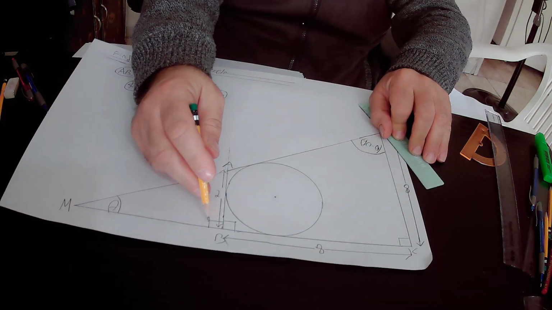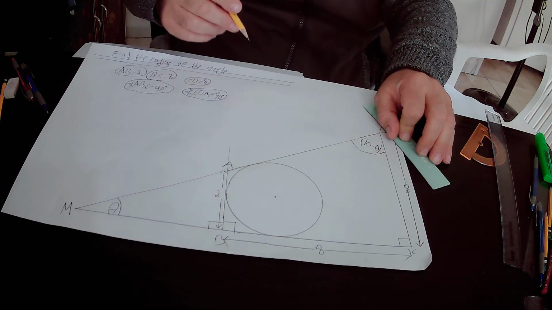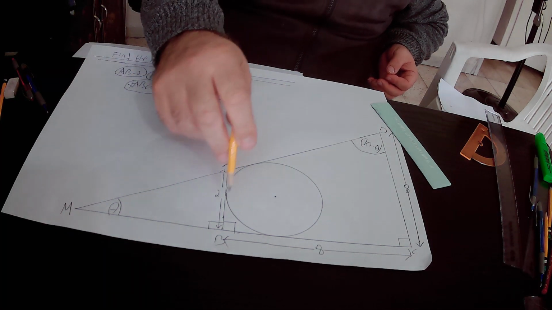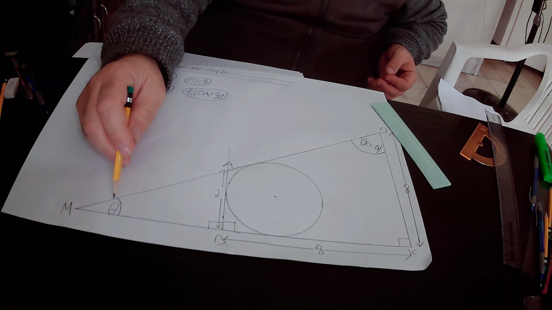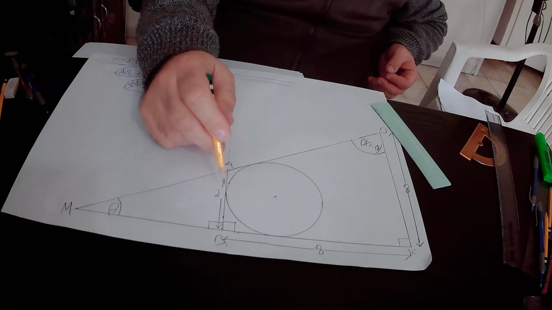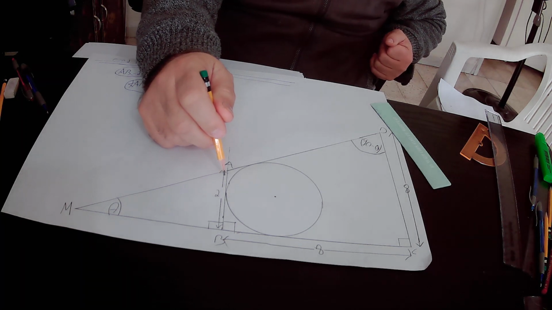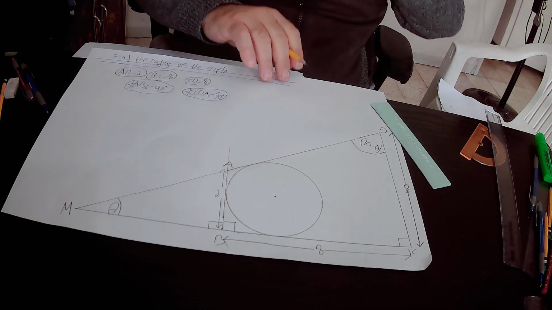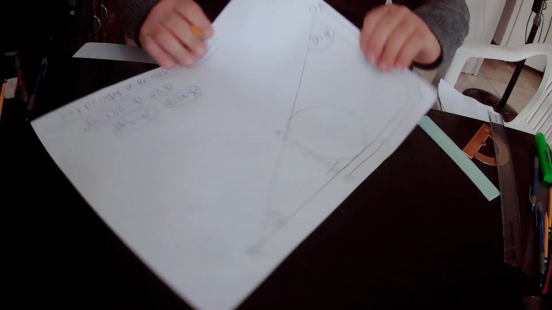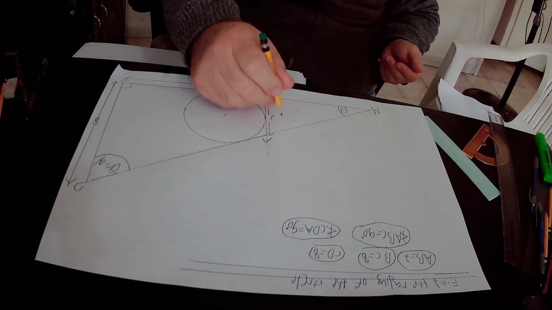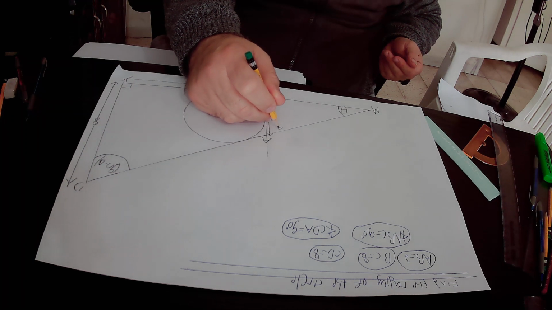So in the right small triangle ABM, this angle equals theta, this angle equals 90 degrees, therefore the missing angle here must be equal to 90 degrees minus theta, according to the same logic, the same rule that the sum of the angles in any triangle is equal to 180 degrees.